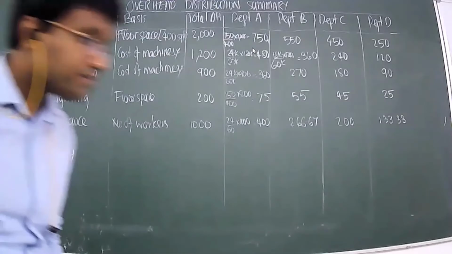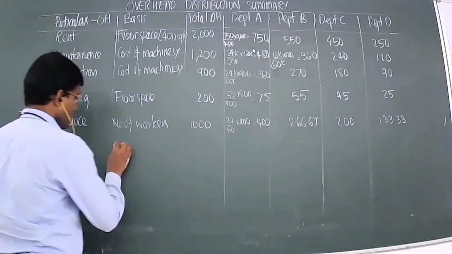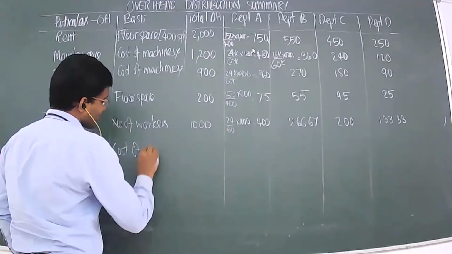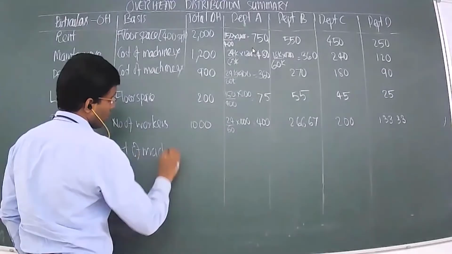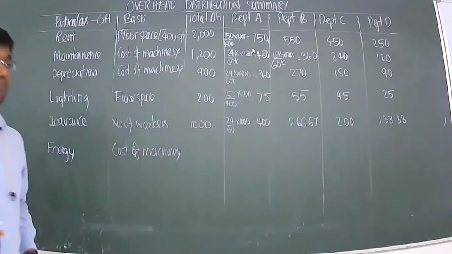Okay, quite good. Some of you have responded cost of machinery. That is very correct. Now, why is it on the basis of cost of machinery? Because remember, this energy, this power that you're spending, it is for powering your machinery again.